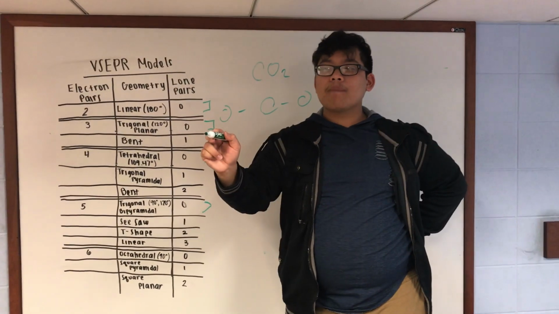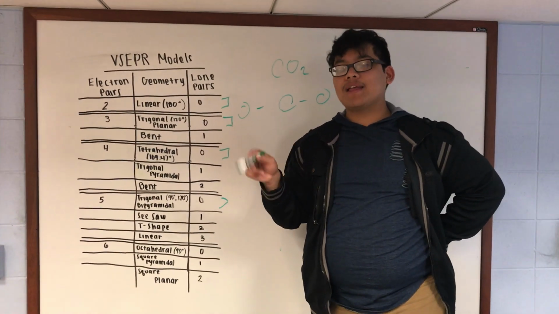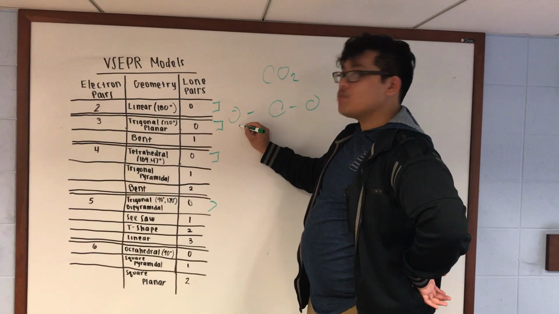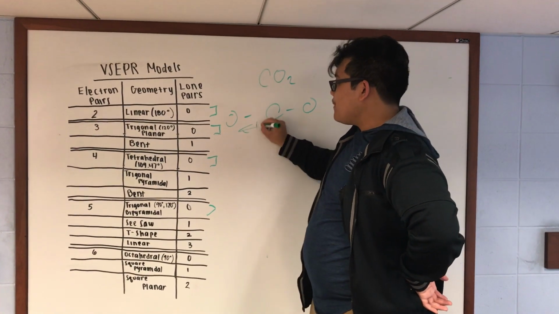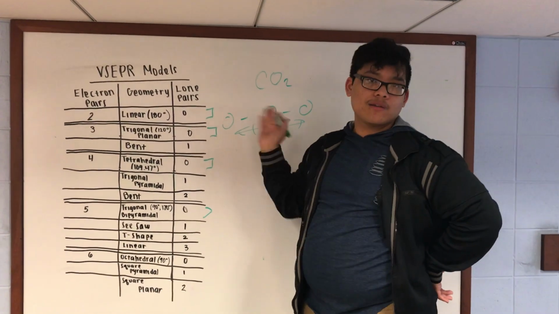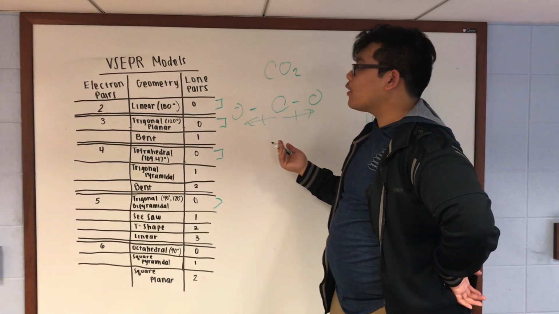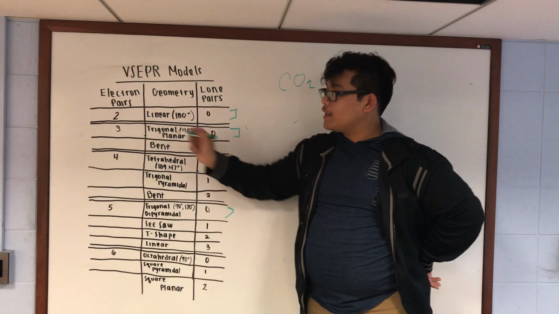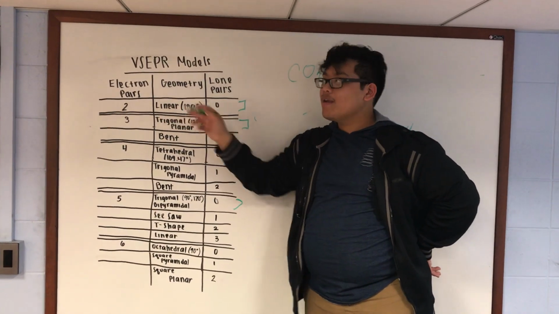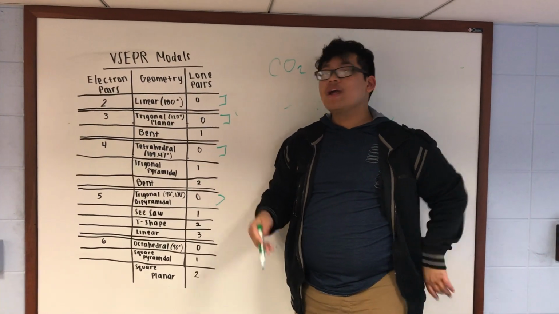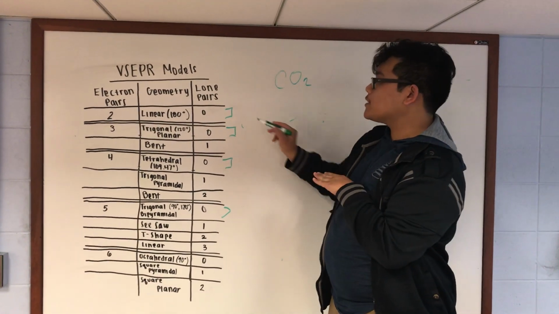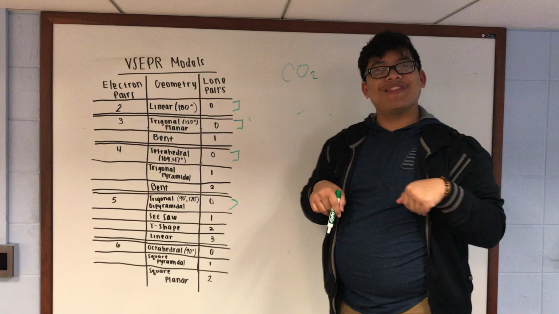Remember how I talked about when a formula is linear, it's always going to be non-polar, because O is more electronegative, meaning these electrons are going to get stuck. So that's why it's non-polar. And the nice thing about linear is that when there are 2 electron pairs, it's going to be linear for both electron geometry and molecular geometry, because there are no lone pairs, so you don't have to worry about that.